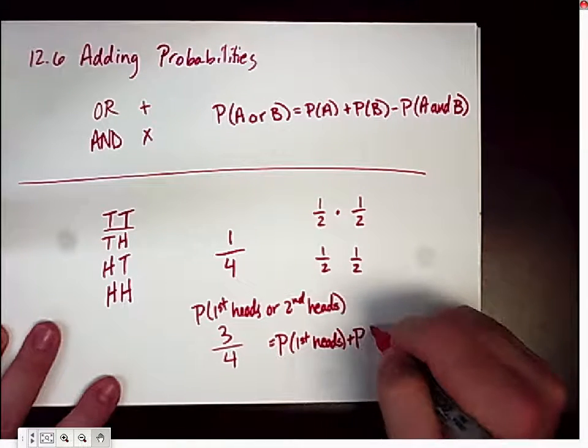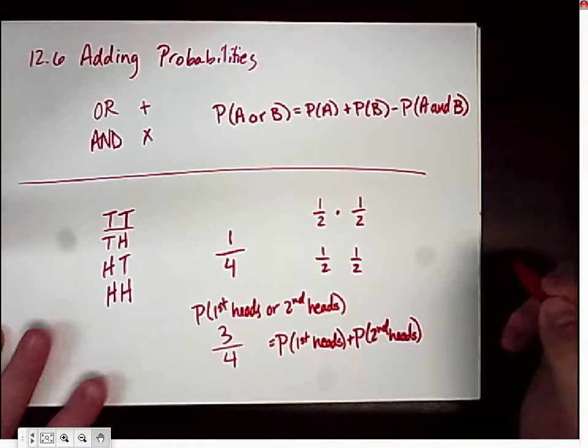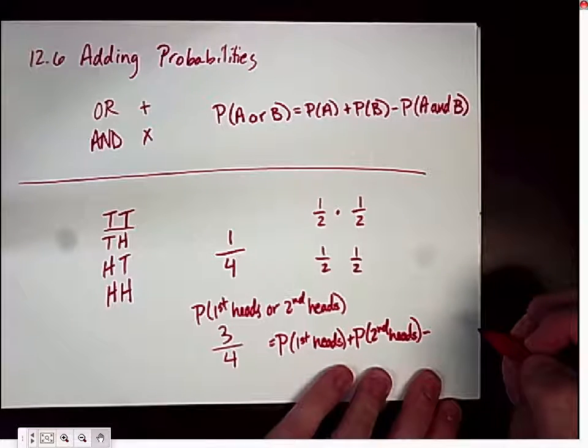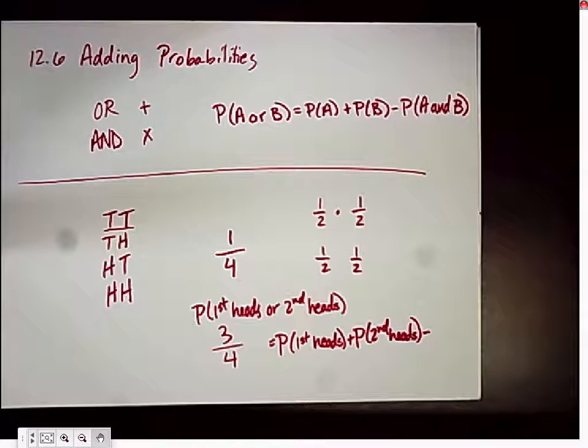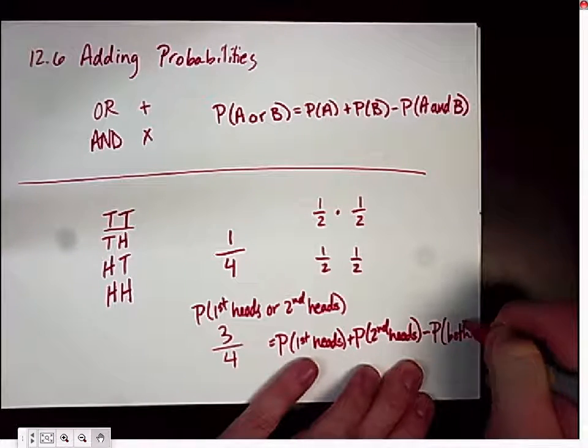Plus probability that the second is heads, minus what? What did we count twice? We counted twice if we got first heads and second heads, right? If you added up all the trials that the first one was heads and all the trials that the second one was heads, the one you counted twice was the one that both were heads, right? So minus the probability that both were heads.